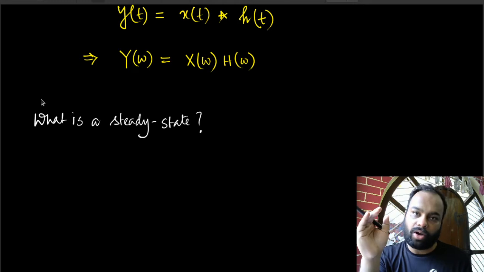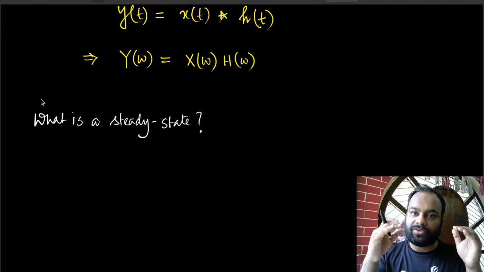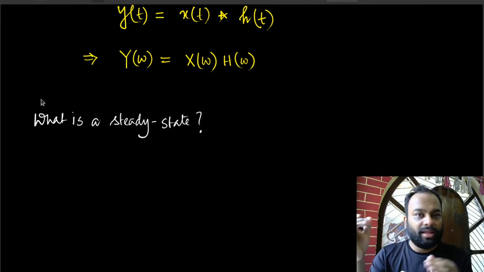Whatever happens in between, from when the input was first applied until the system reached the steady state, is known as the transient.